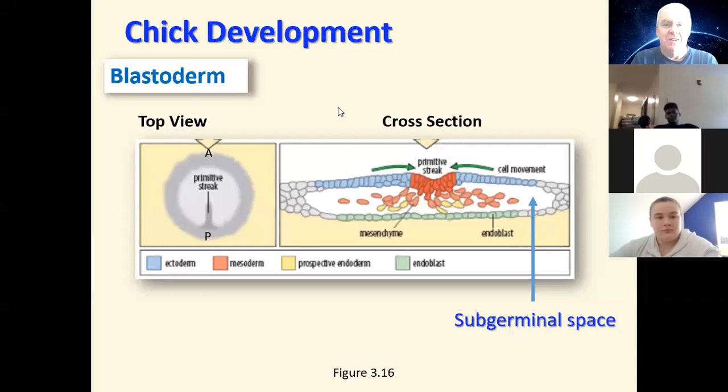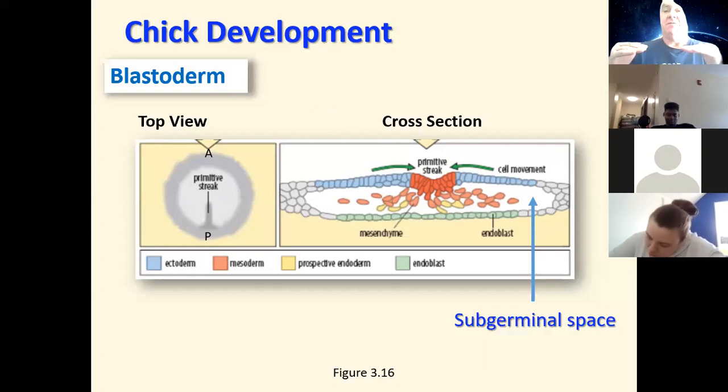Okay, so the reason I'm trying to get you to see my hands here is this primitive streak is moving towards the anterior side. Now, as it's moving forward, cells are coming in through the streak and they're moving forward and sideways. Imagine these cells moving towards the middle because the cells on the surface are dividing.